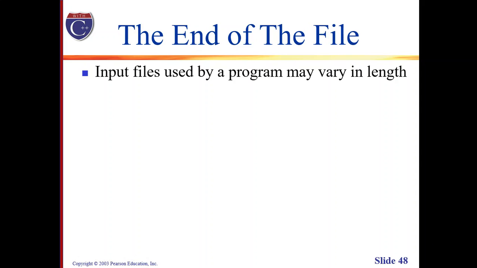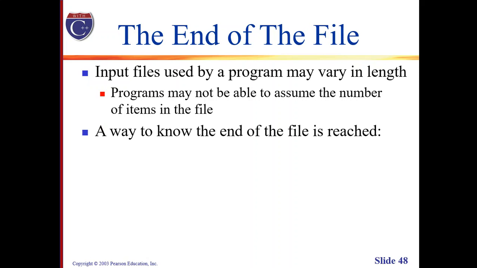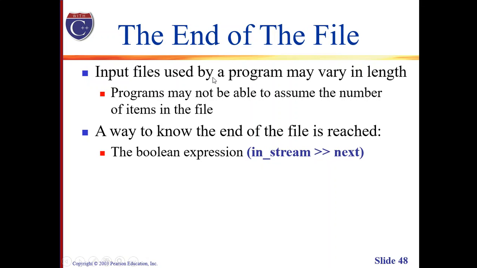Input files used by a program may vary in length, and programs may not be able to assume the number of items in the file. As a matter of fact, our program does not know how long our input file is. It will keep on reading, and it actually has no idea how long the file is. A way to know the end of the file is reached can be done by the following.